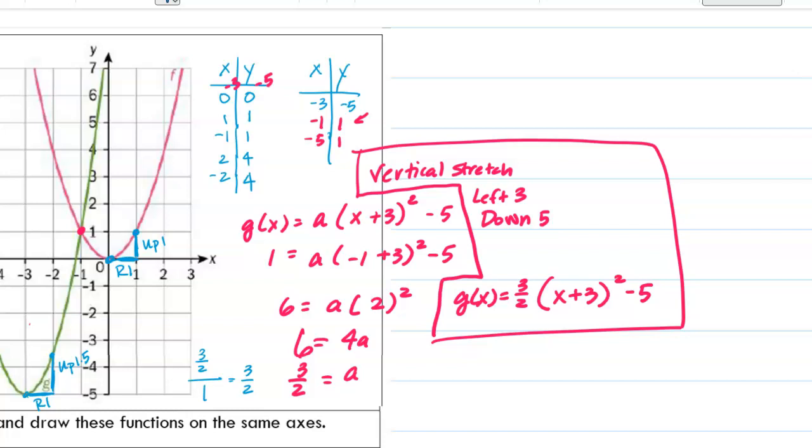Okay, so once again, I don't want to confuse you. I found the a value using the things that we already know. And I already knew that it was a vertical stretch because just by looking at it, it looks much narrower than the pink graph. But I'm happy if you could just tell me if you went left or down 5.